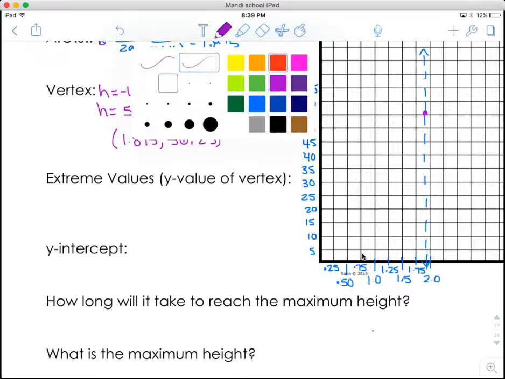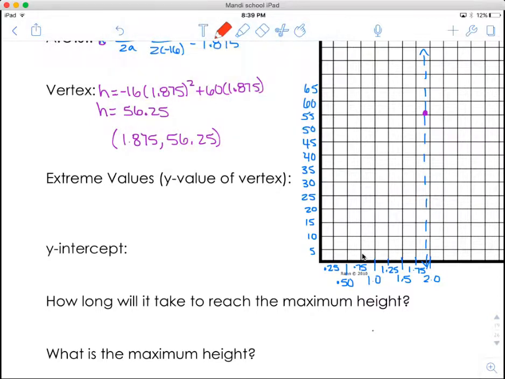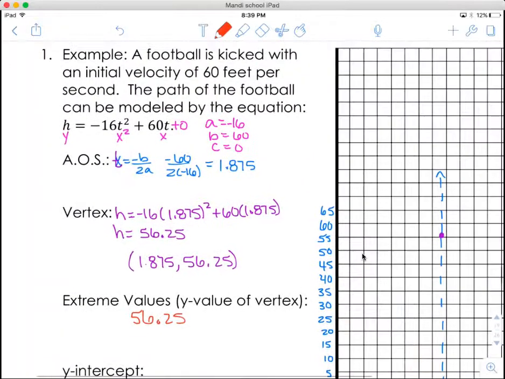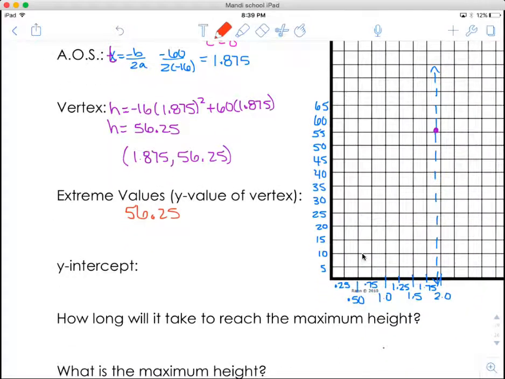We just found the y of the vertex, so the extreme value is 56.25, and let's look and see what this is talking about. Feet per second, so y would be feet. So let's actually label this feet per second. So now we've labeled our graph so we know what we're looking at.